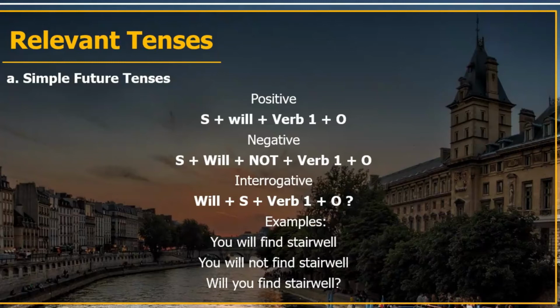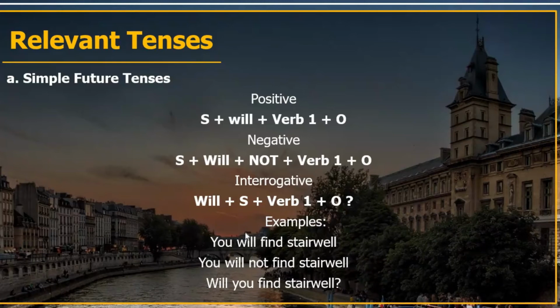The first one is the positive simple future tense. The formula of the positive is: subject plus will plus verb one plus object. And then the negative one: subject plus will plus not plus verb one and object. And interrogative: will, subject, verb one and object.